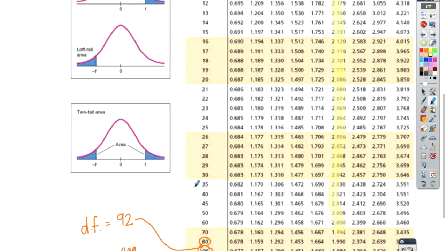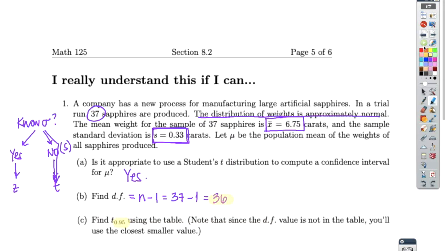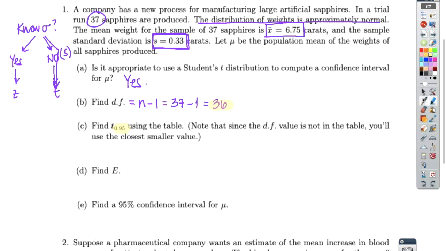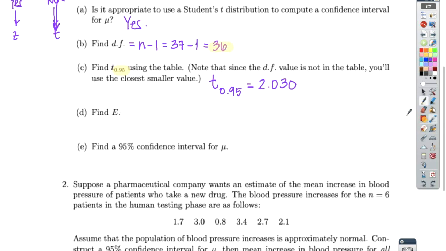Well, I noticed that 36 is not in the table, so again we bump it down to the next smaller value, which is 35, and here 2.030 is my critical value. T sub 0.95, 2.030.